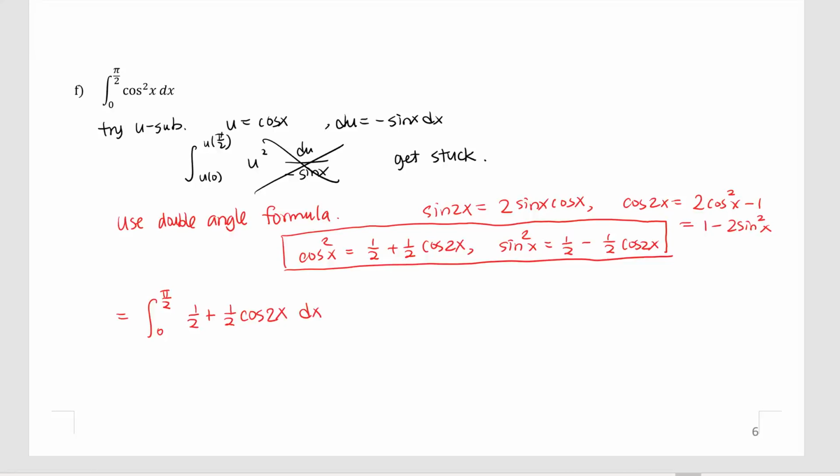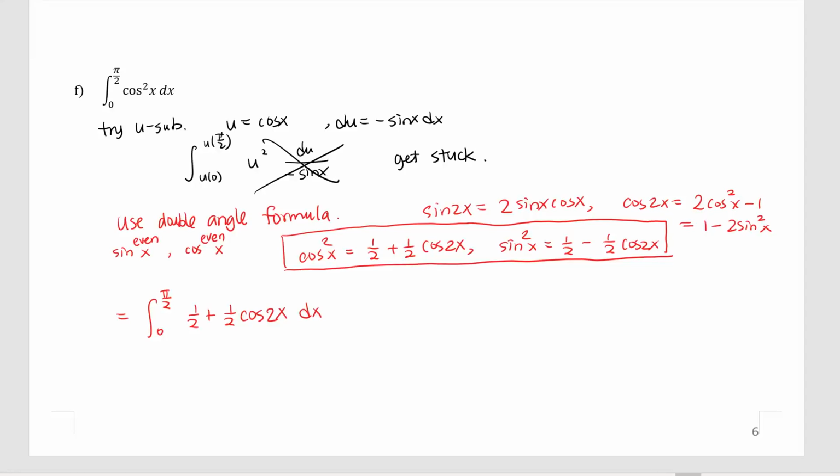The double angle formula is so powerful, especially when you see an even power. So use the double angle formula when you see sine or cosine to an even power. We'll talk about that more in section 7.2.